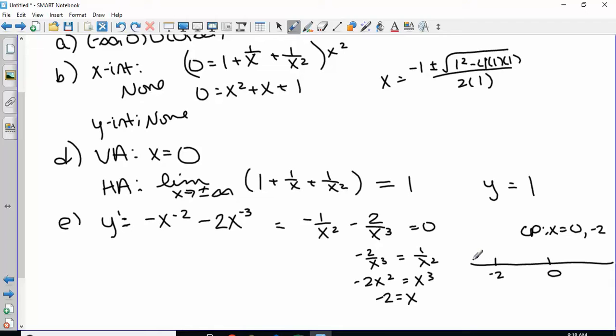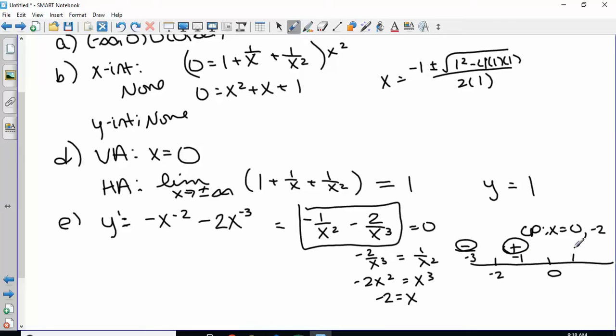So then we do our sign line. So smaller than negative 2, maybe negative 3, in between, and bigger. We're putting these into the derivative. So I put them in right here. Negative 3, that would give me a negative 1/9 plus 2 over 27, so that would be a negative.